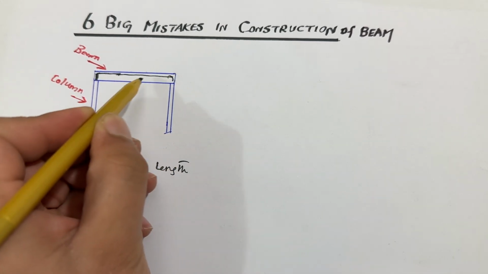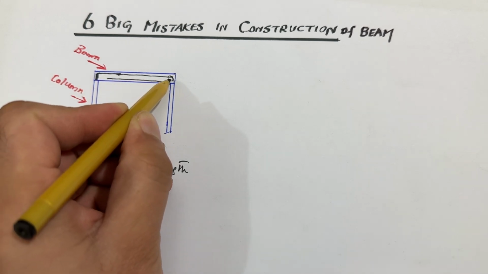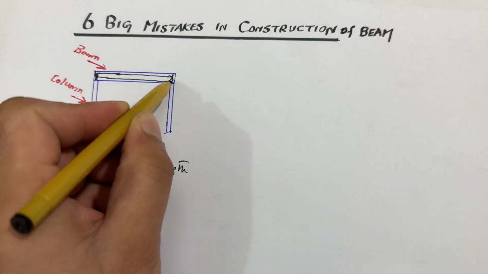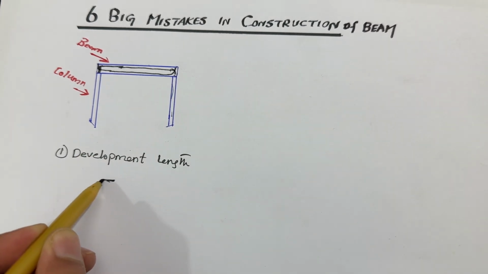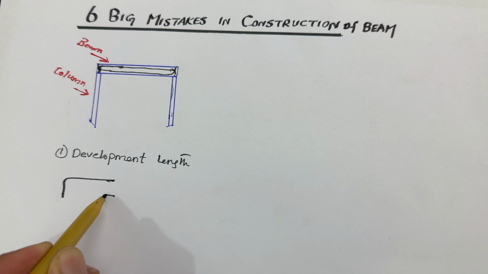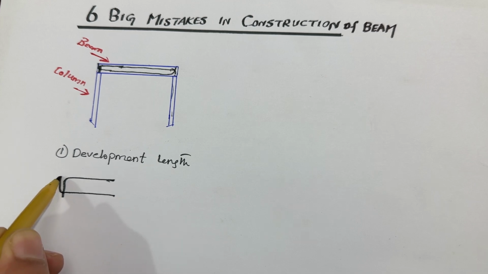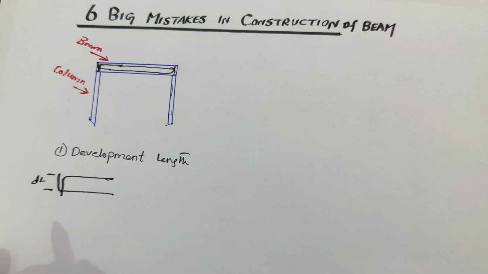The bottom bars should be bent to the upward side like this, and they are connected to the column's steel reinforcement. The bottom steel reinforcement, which is called tension steel, should be bent to the upward side. This is called development length, DL.